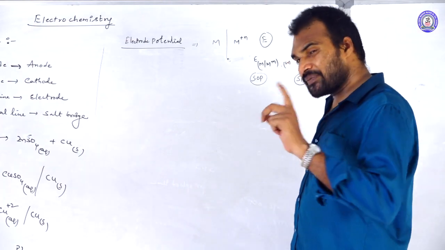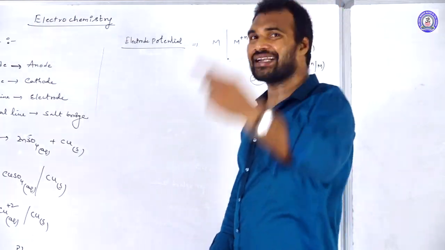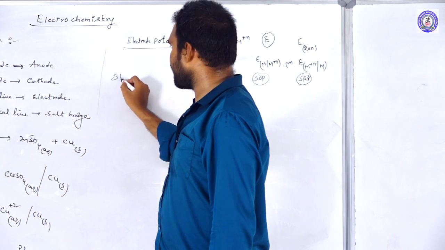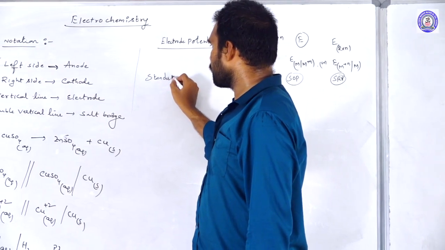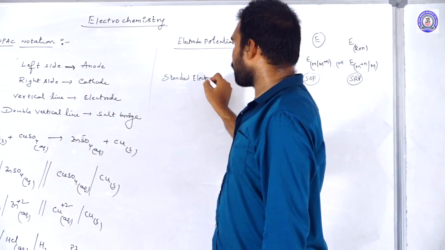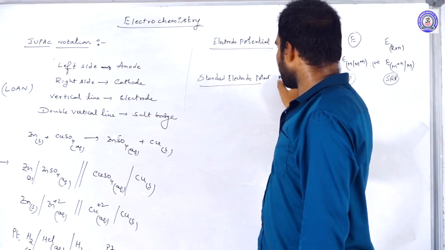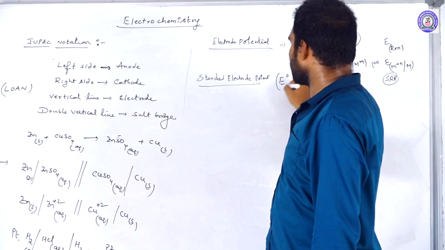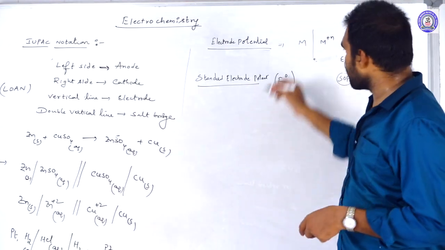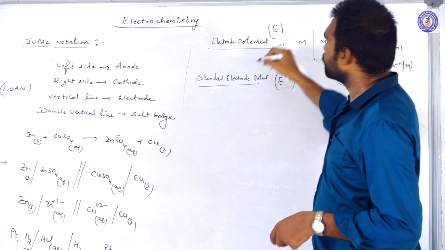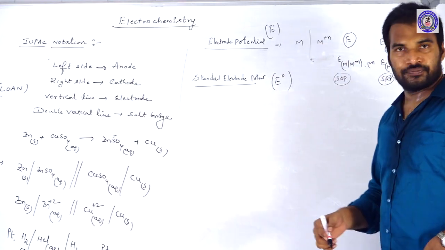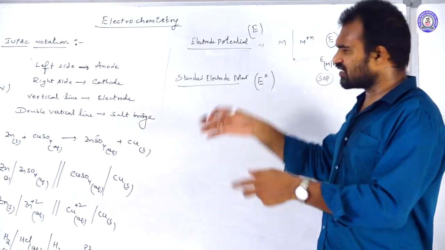Then what is the difference between electrode potential and standard electrode potential? Standard electrode potential we represent with E naught, whereas electrode potential is E, that's it. So what is the standard electrode potential?